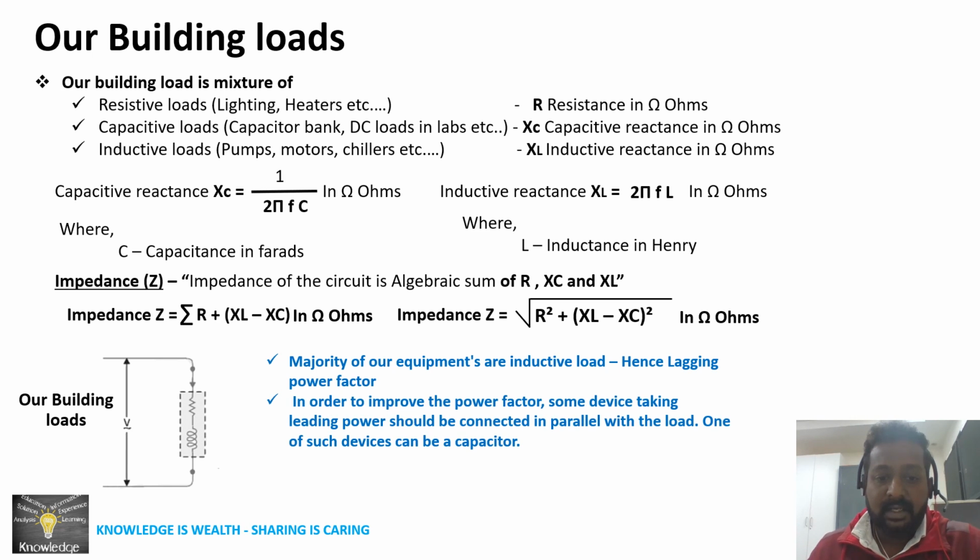So in order to improve our power factor, when lagging is there, we can achieve unity power factor as well. If it is lagging by 0.8, 0.9, that can be improved up to unity power factor simply by adding leading power factor loads such as a capacitor.